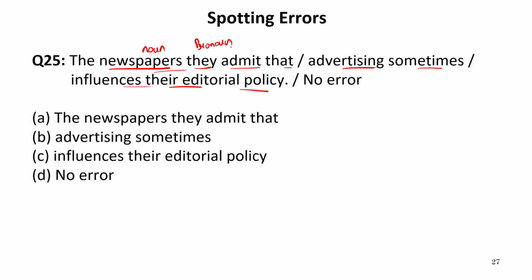A pronoun generally takes the place of a noun. If I write the newspapers, they admit, then there must be either a relative pronoun or this word they is incorrect over here. It should be: the newspapers admit that advertising sometimes influences their editorial policy.